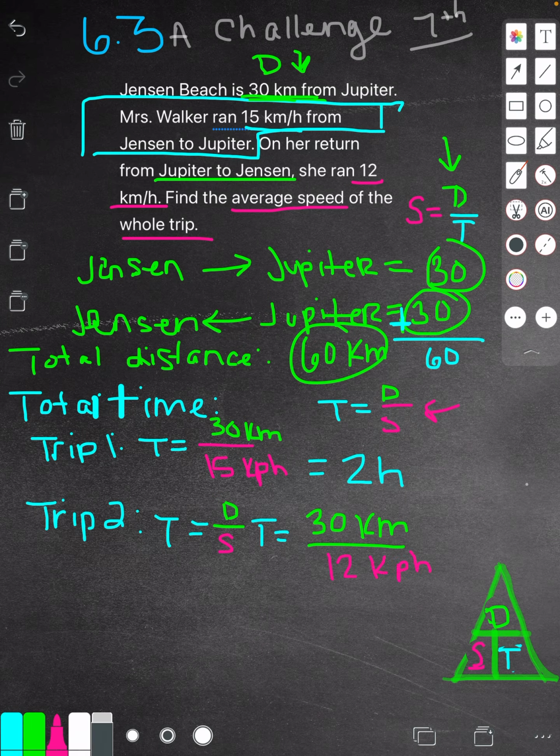Kilometers per hour here. All right, so remember we have to divide. We can divide 30 by 12, and we already know that 12 will go into 30 at least 2 times when you write it out.